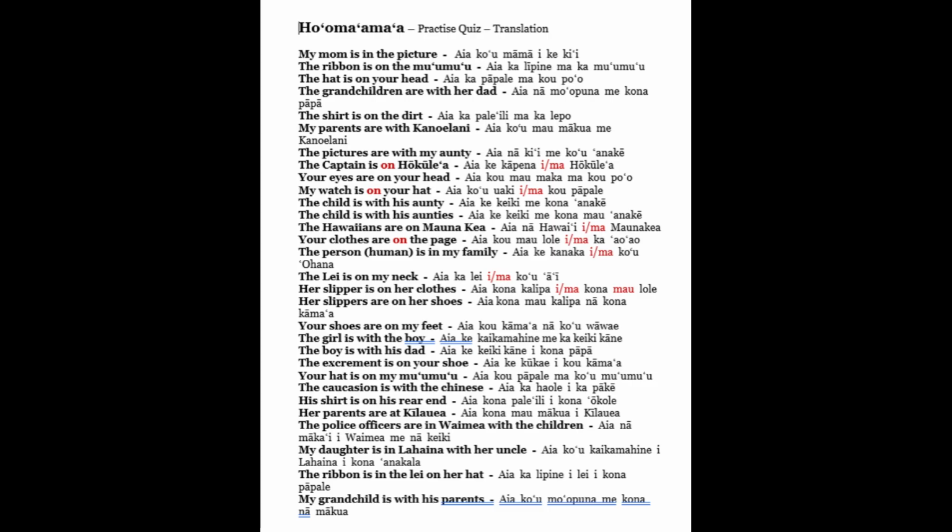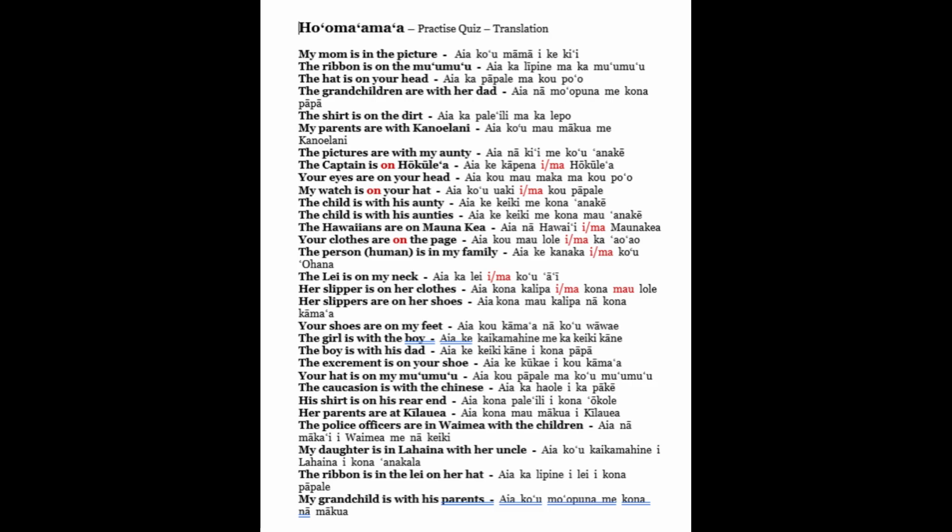The is ka because papale starts with the P. So ia is how you begin the Pepeke Henua sentence structure. You always begin it with ia, and then you continue on to what you are going to say. So in this case, the hat is on your head. Ia ka papale ma ko po'o.